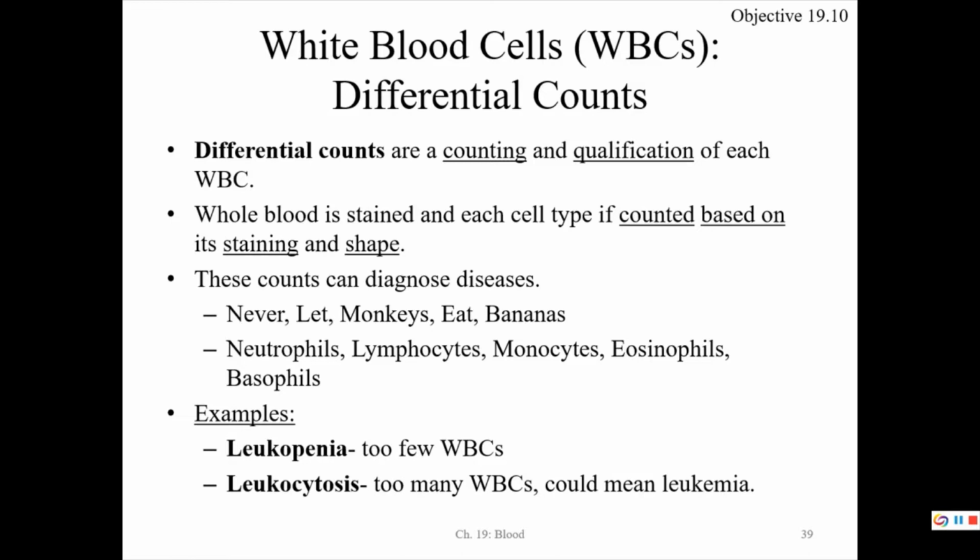To remember them, remember, never let monkeys eat bananas. That is the order of abundance: neutrophils, lymphocytes, monocytes, eosinophils, and basophils. For example, we can diagnose diseases like leukopenia, which is when the number is too low. Leukopenia is too few white blood cells. Leukocytosis is too many. It could mean a leukemia of some type.